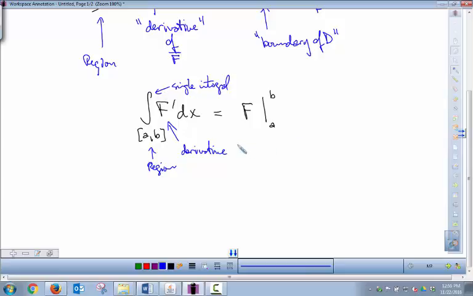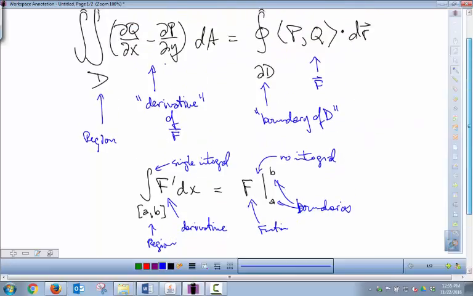And then we're saying that we're going to evaluate the original function at the boundaries, and this time it's not an integral anymore. You're kind of going from a single integral to no integral. So if we look at it like that, it really is just the fundamental theorem of calculus.